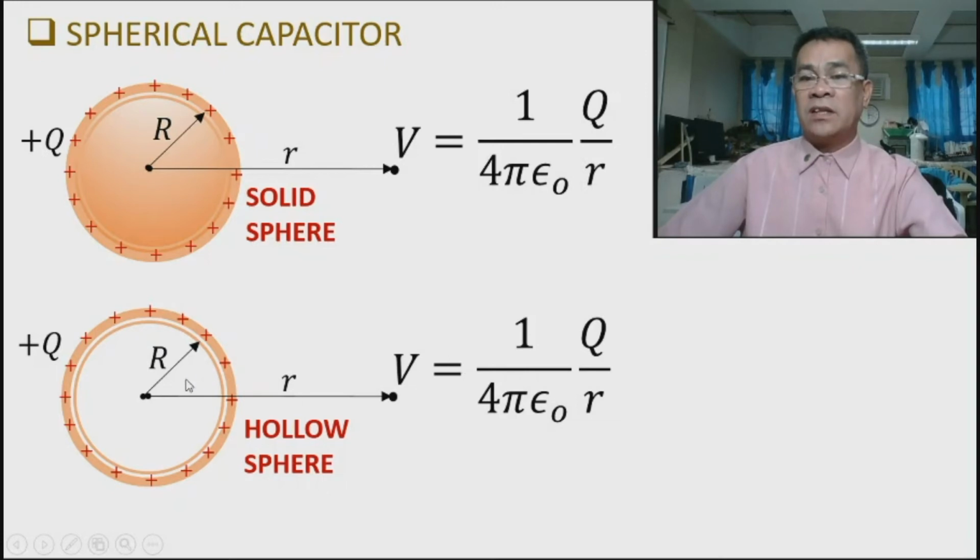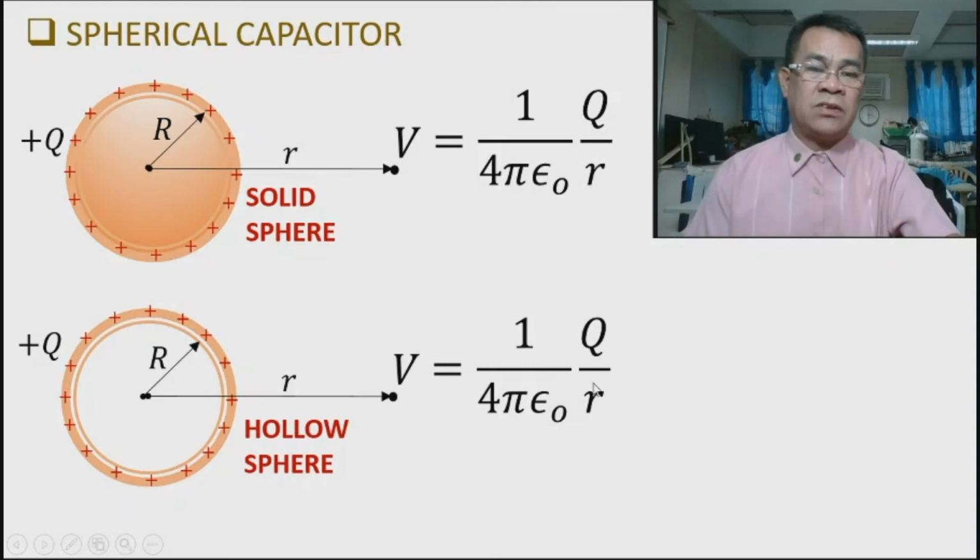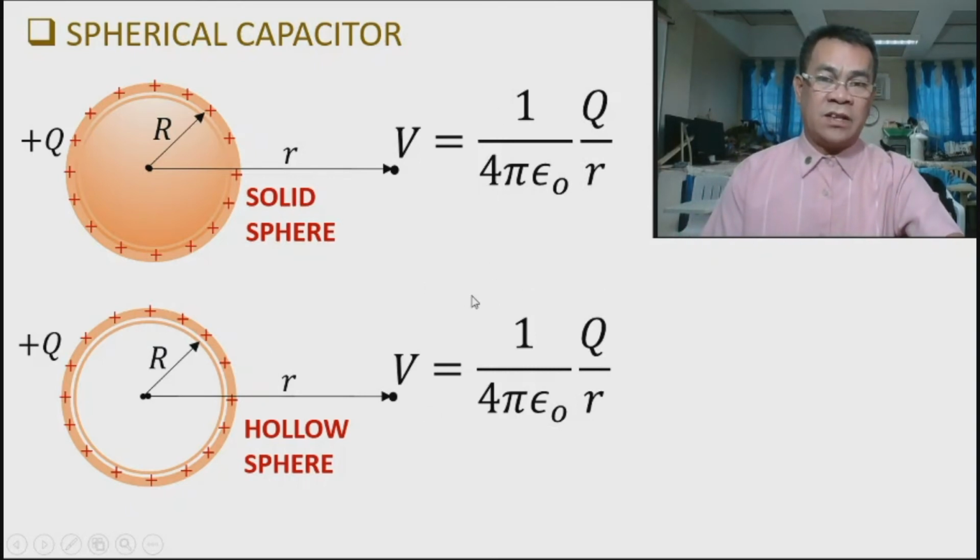Meaning, we can treat this as a point charge. The reason is that the charge has the same location for the same radius, because it stays on the surface only. So we can treat the hollow sphere as a solid sphere, or we can use the principle of finding the potential of a point charge particle.